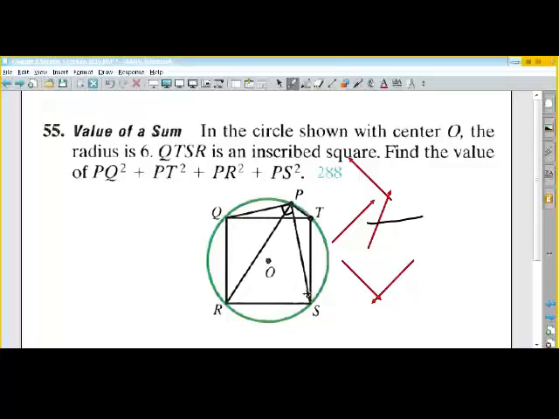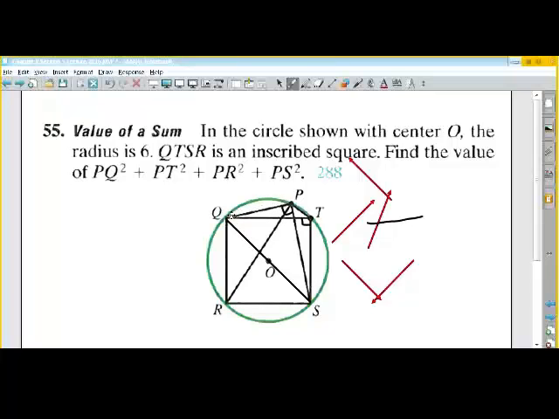Okay, so this is 90 degrees, because, again, if I drew a line from here to here, it should go through the center of the circle. And because that's 180 degrees, this is also 90 right there. So those are two right triangles.